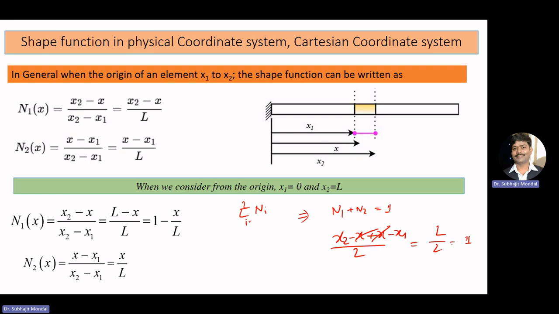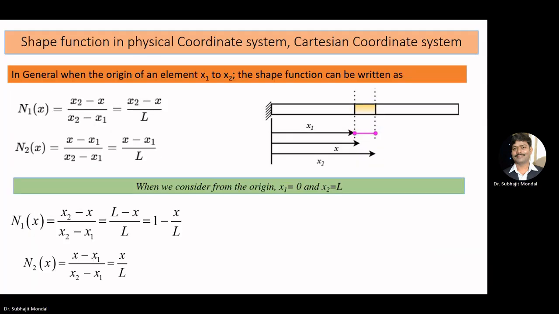So this is the second property of the shape function, that the sum of the shape functions is equal to 1. Now one may ask the question: why should the sum of the shape functions be 1? This question may arise in your mind.